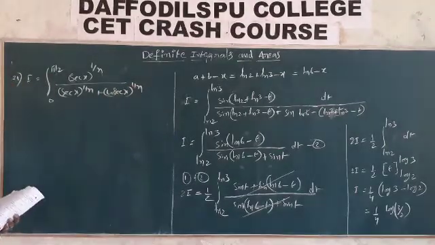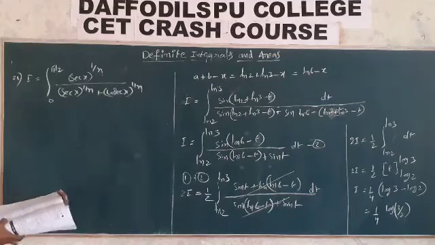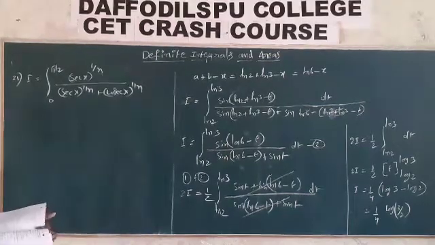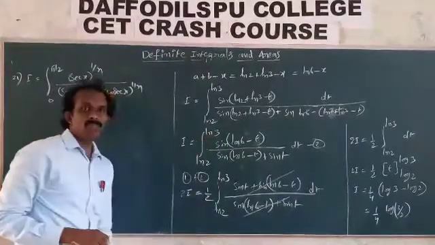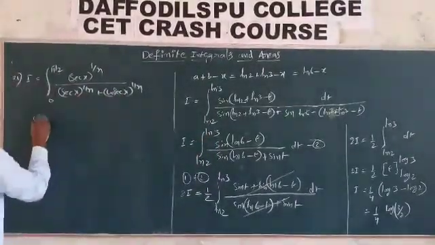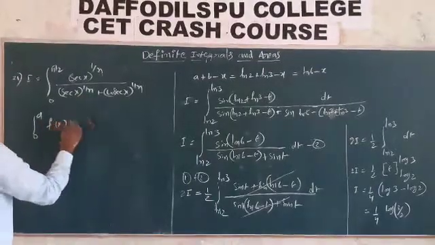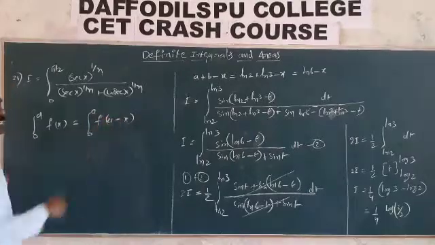This is one property: the integral from a to b of f of x equals the integral from a to b of f of a plus b minus x. And this is the integral from 0 to a of f of x equals the integral from 0 to a of f of a minus x property.